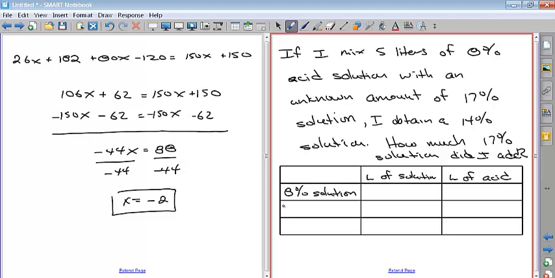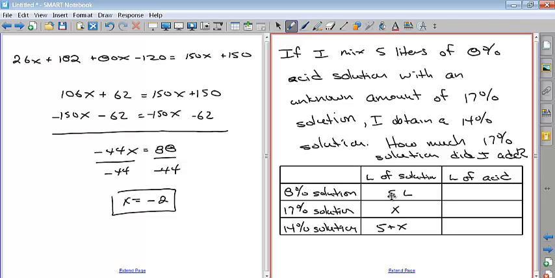So we have our 8% solution, our higher percent solution, which is the 17% solution, and we result in something in between, the 14% solution. We have 5 liters of 8%, an unknown amount of 17%, and then liters of 14% solution is going to be 5 plus X. So these are always added together.